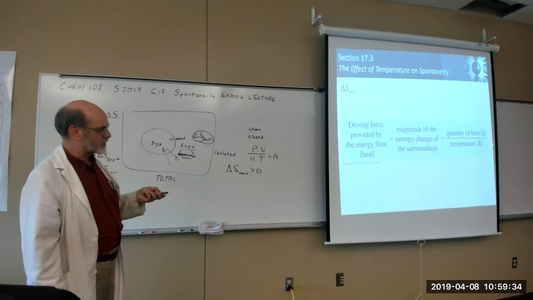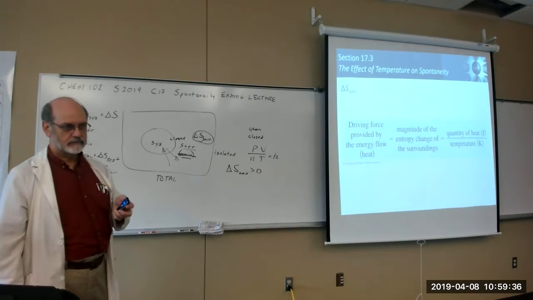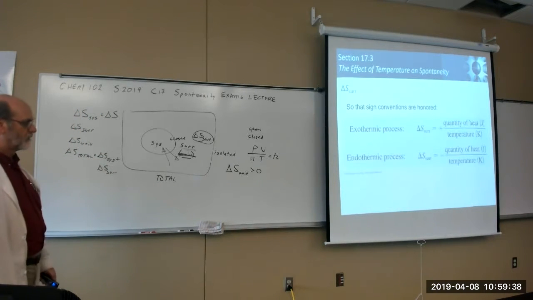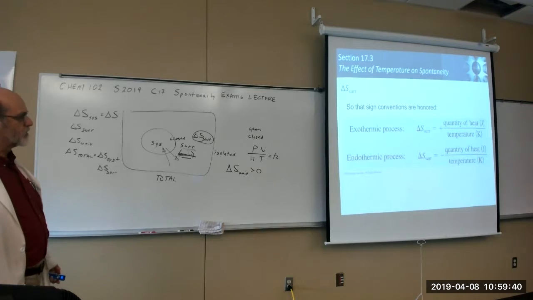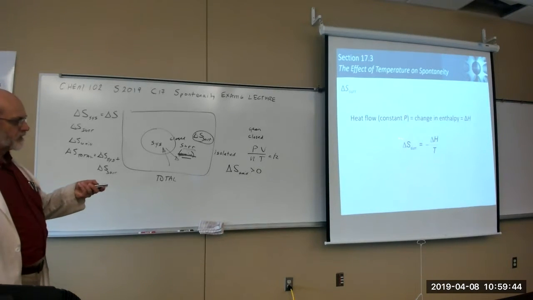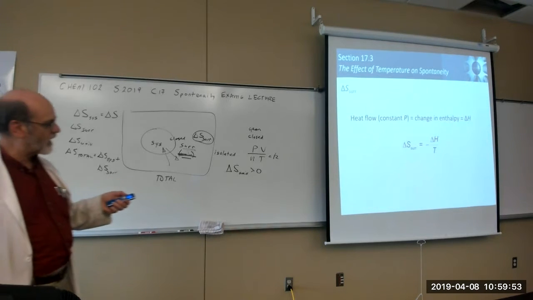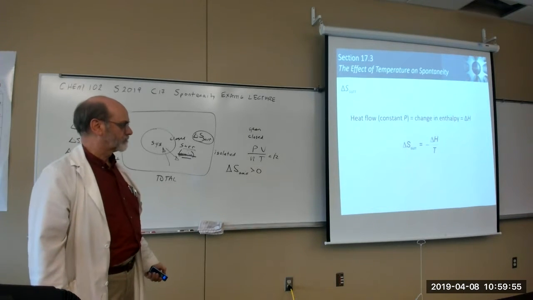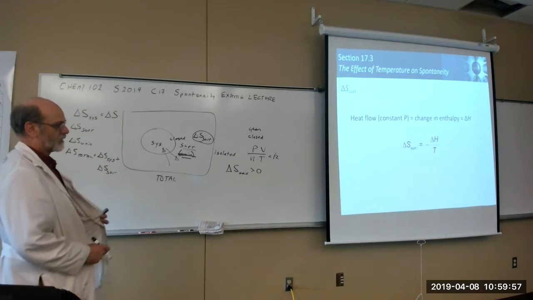The way to get that is to put temperature in the denominator. So the long and the short is, delta S for the surroundings is proportional to the enthalpy and inversely proportional to the temperature. And that previous slide showed us why that negative sign is there. I think we can reason that out.